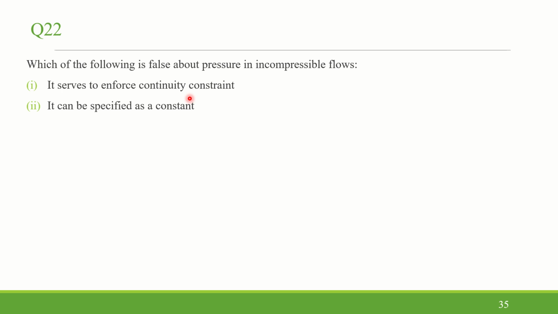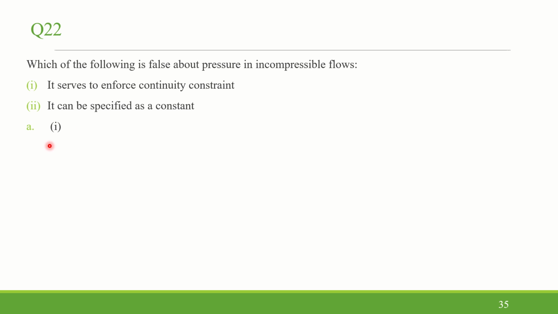The first one, that it serves to enforce the continuity constraint, is true about pressure in incompressible flows, whereas the second one, that it can be specified as a constant, is false, because pressure is not constant in incompressible flows. In any incompressible flow, pressure is very much involved and we cannot assume it as a constant. So the second one is false.